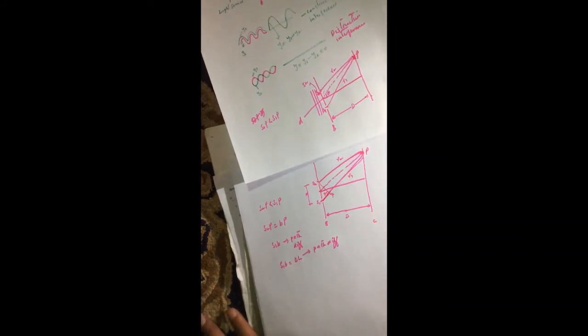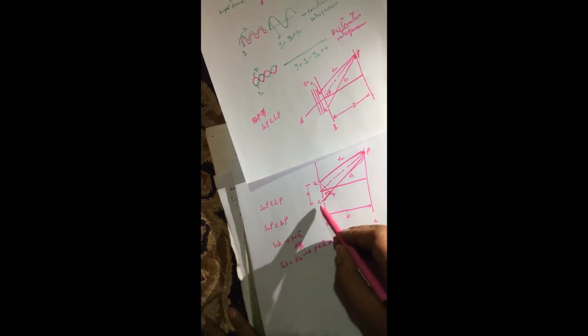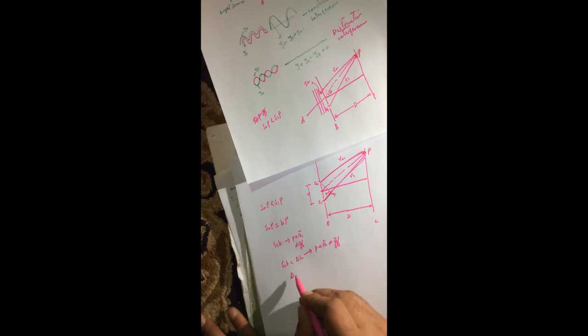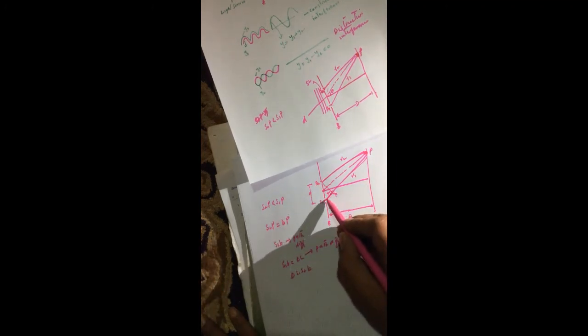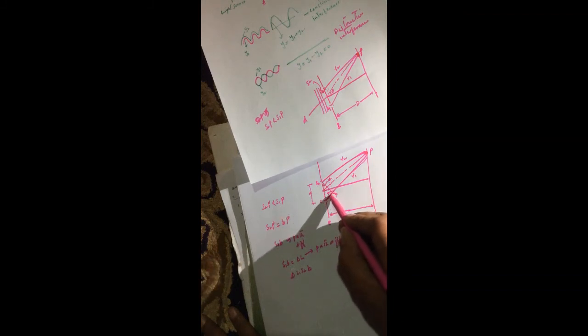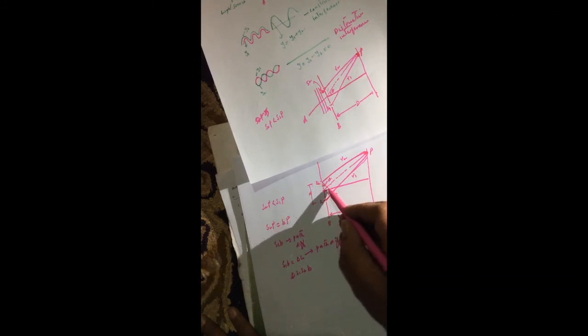Now we have this triangle, the right angle triangle S1 S2 B. From this triangle we see that this is 90 degrees, this is theta, so this will also be theta. It means that this is the perpendicular, this is the base, and this is the hypotenuse.